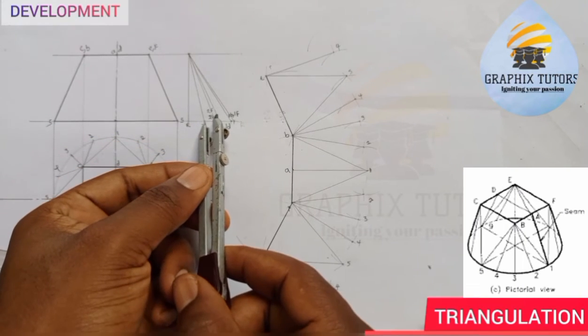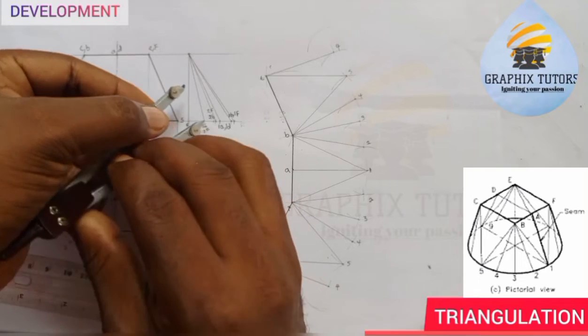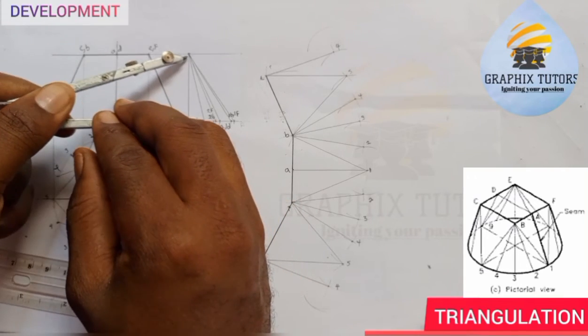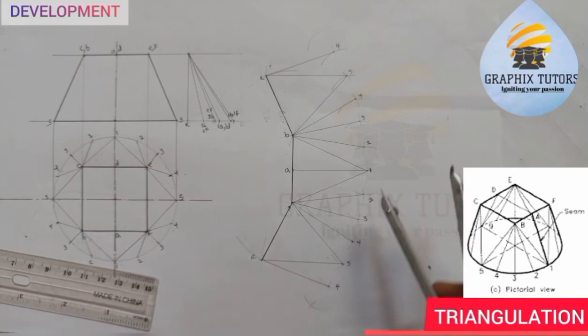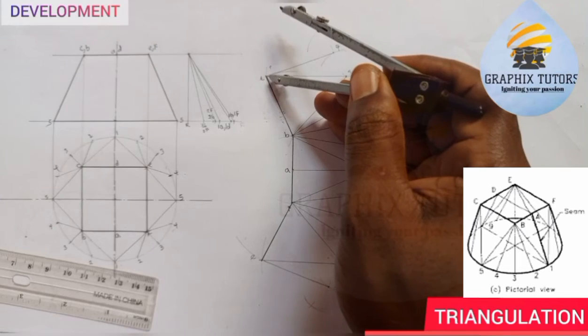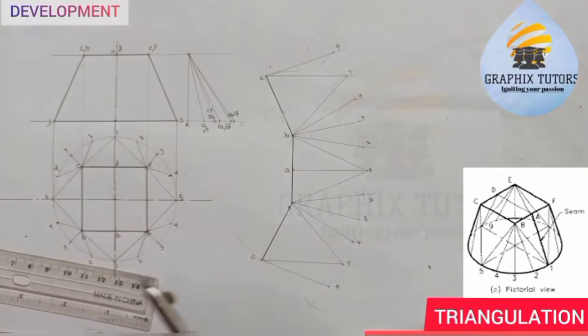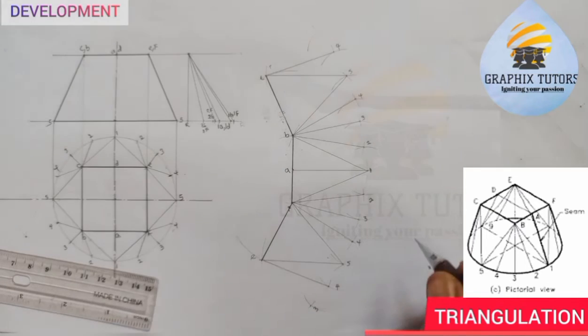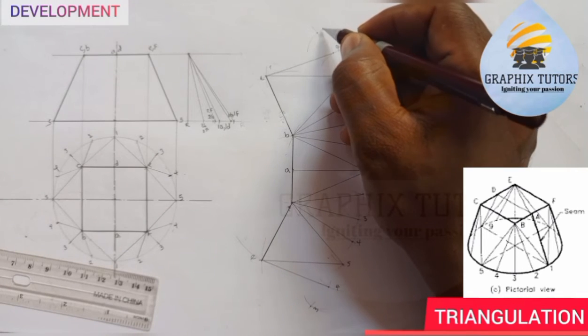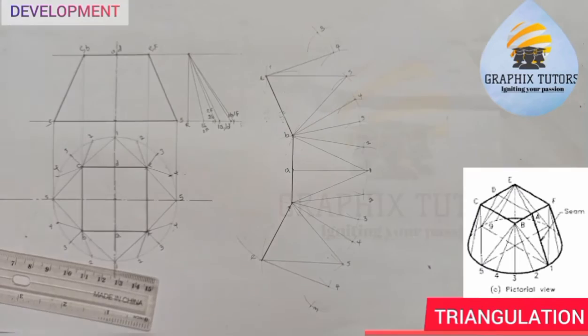Now from here to this point, I'm going to place it at E to get 3. I'll place it at C to get 3. So this point here is point 3, and this point here also is point 3, right?